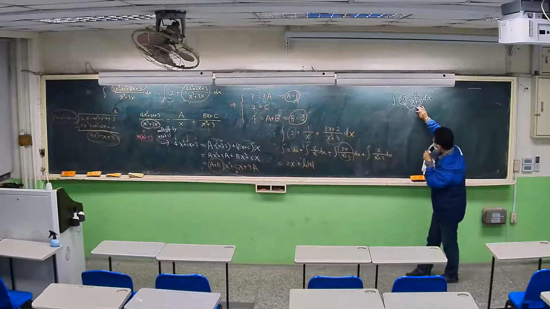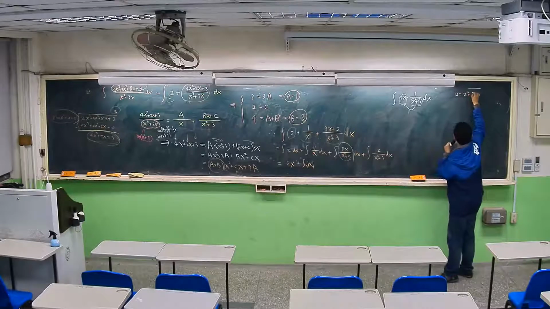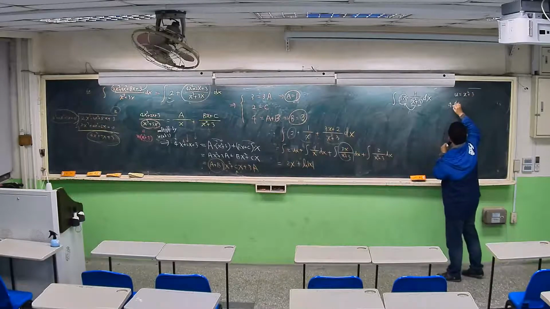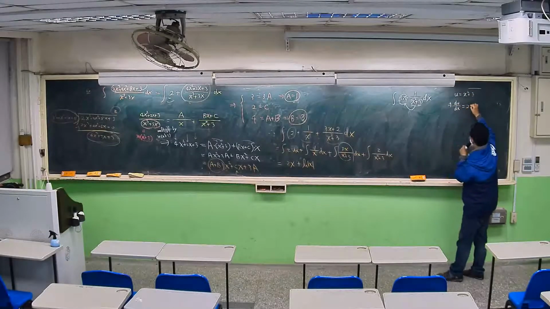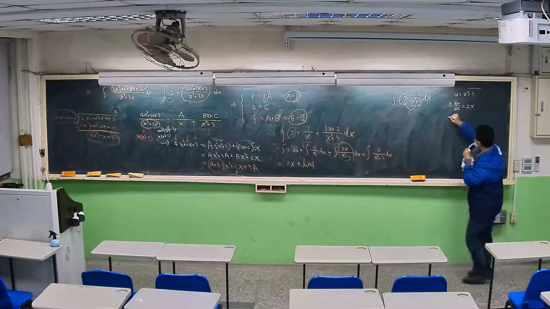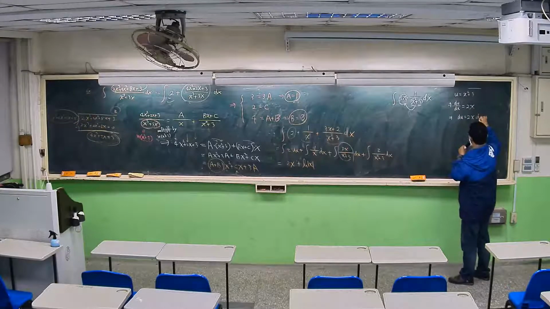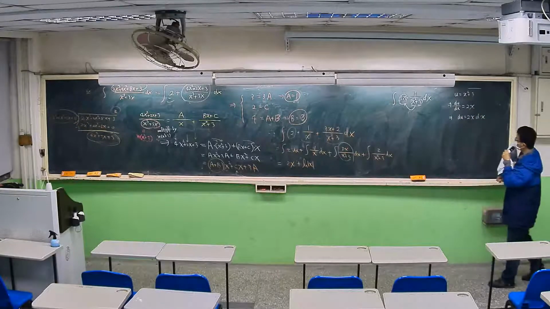Let u be the inside function. You will get du/dx equals 2x, and multiplying by dx on both sides, du equals 2x dx.